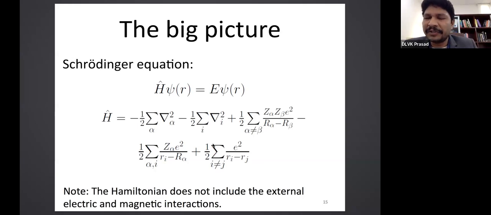But solving the Schrodinger equation is a very tedious task. It can be solved exactly for a few model systems or a few realistic systems that have just one electron. But the matter around us is not just one electron and not just one atom. It's more of molecules like benzene, methane, ethylene, or some drug molecules.